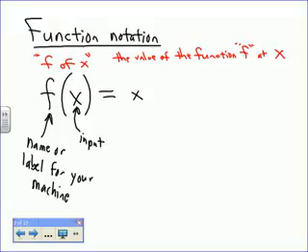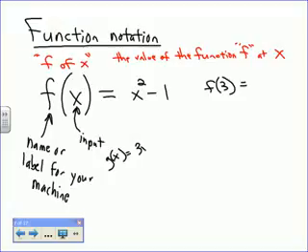So let me put a function up here. Let's just say x squared minus 1, okay? This is the function that I'm going to use. Let me do 3 different functions. If we do f of 3, in other words, this 3 is going to be my input.